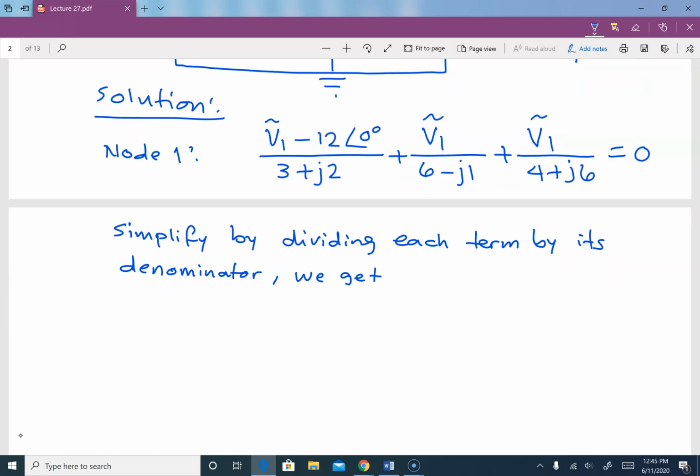So if you look at this here, I have V1 minus 12 with angle 0 divided by 3 plus J2.